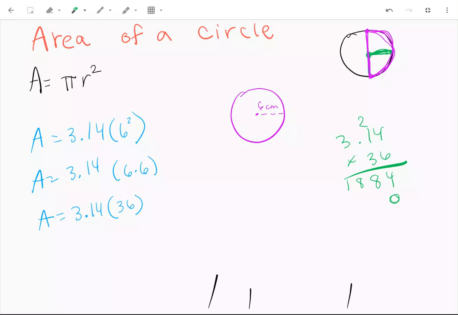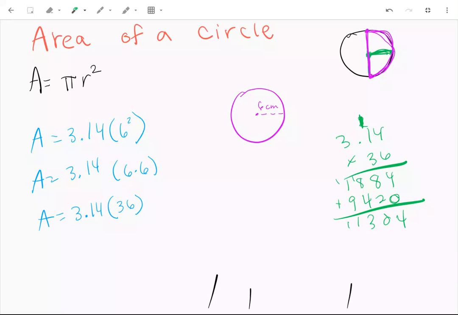And now we have 3 times 4, which is 12, and we're going to carry our 1. 3 times 1 is 3, plus 1 is 4, and 3 times 3 is 9. So we're going to add that all up. So we have 4, 10, 12, 13, and 11.